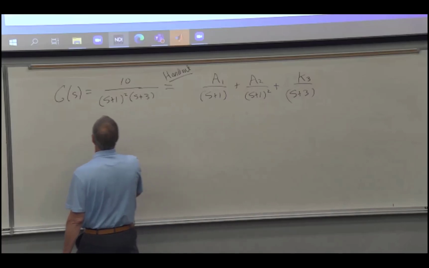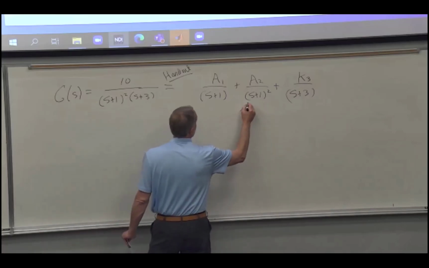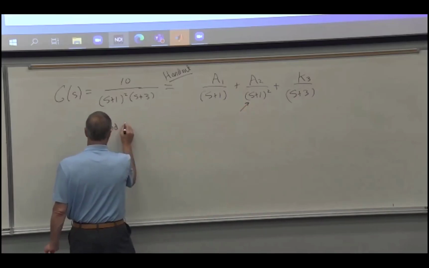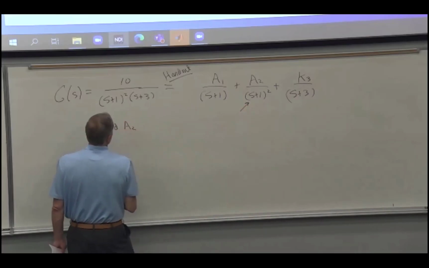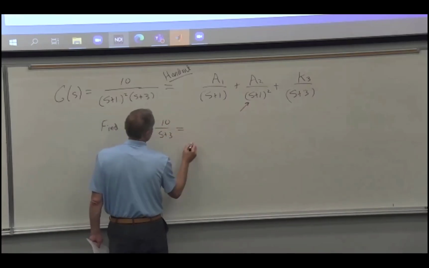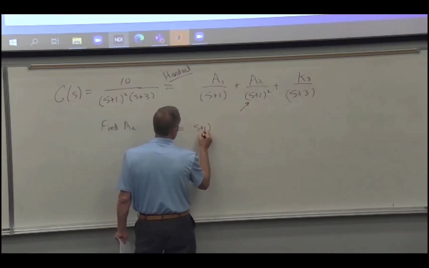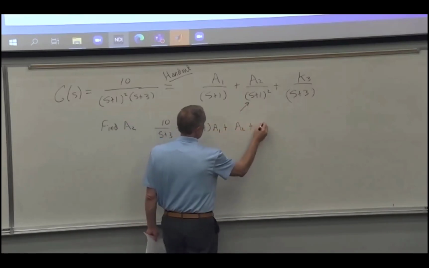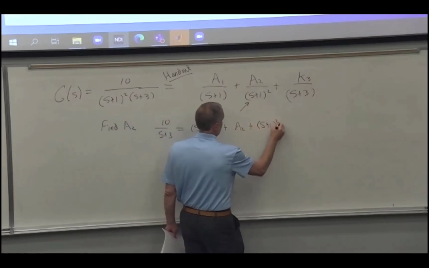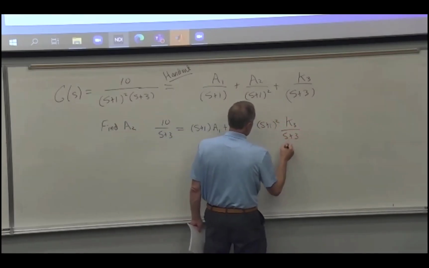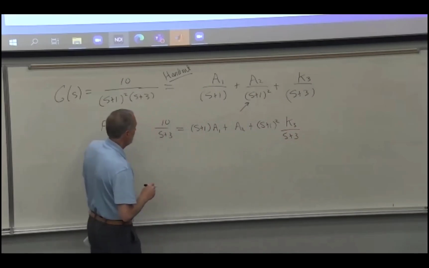If you multiply both sides by the whole thing down here, then you get 10 over s plus 3 equals s plus 1 times A1 plus A2 plus s plus 1 squared times K3 over s plus 3. Just multiply by that whole thing.